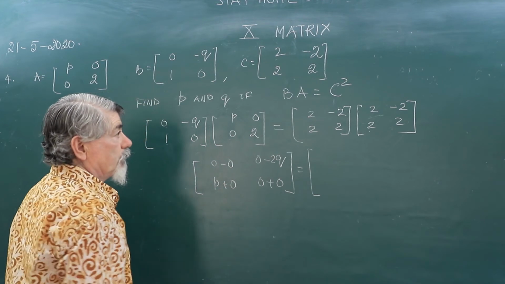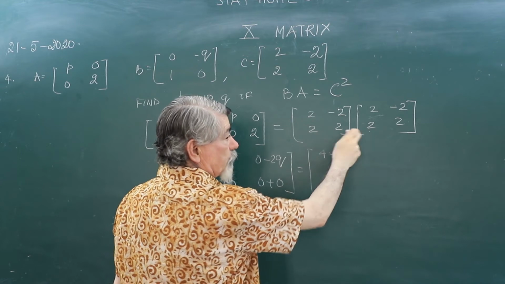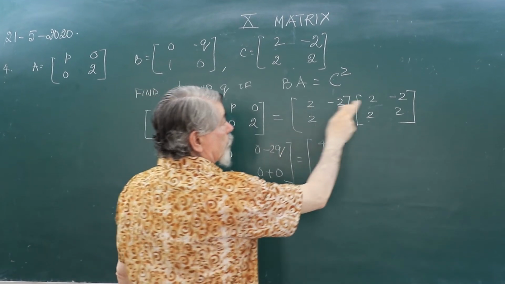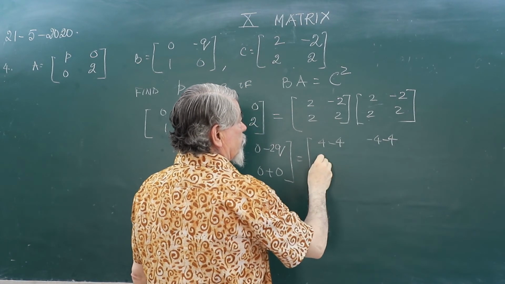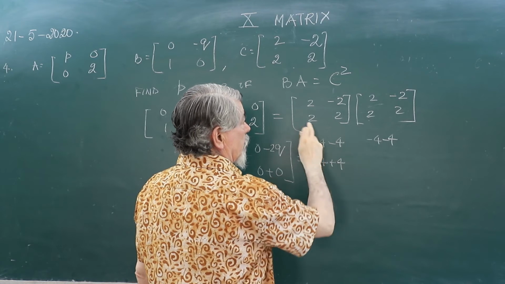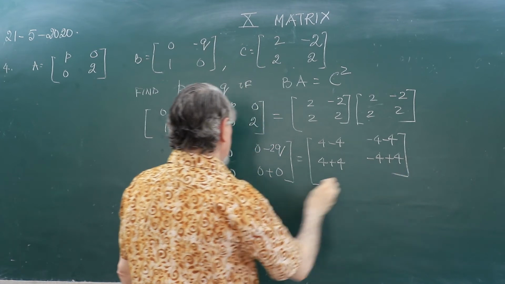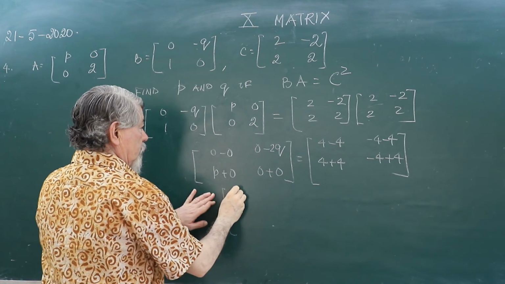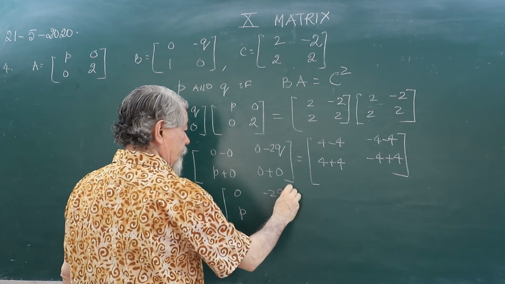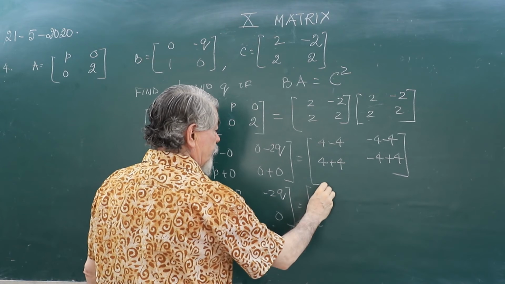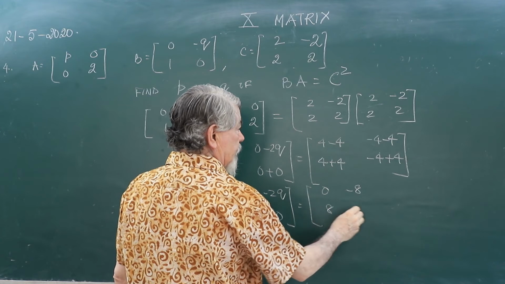Is equal to 2 2s are 4 minus 4, because minus 2 into 2 will be minus 4. 2 minus 2 is minus 4 and minus 4. 2 into 2 is 4 plus 4. 2 into minus 2 is minus 4 plus 4. So here you get 0, minus 2Q, P and 0 is equal to 0, minus 8, 8 and 0.